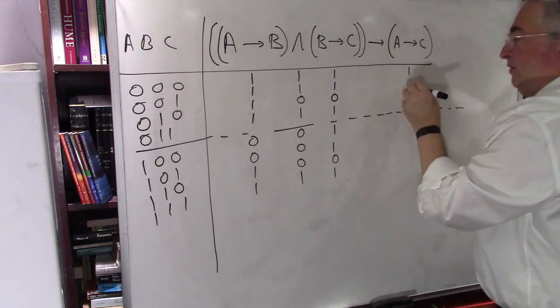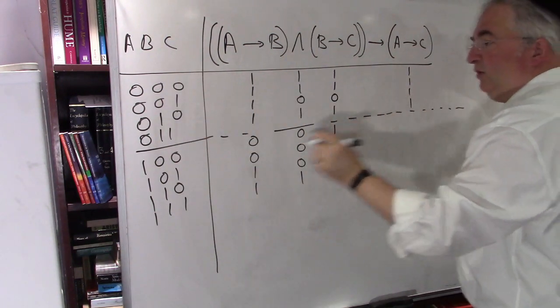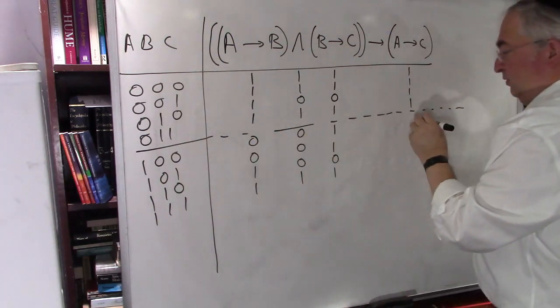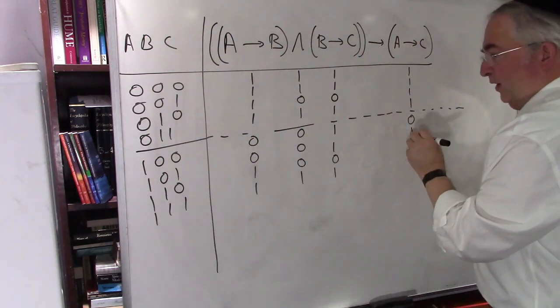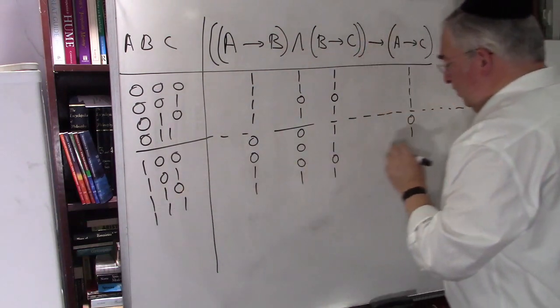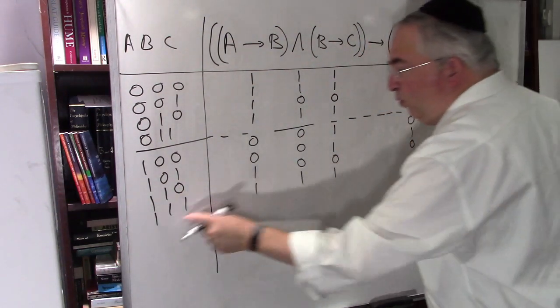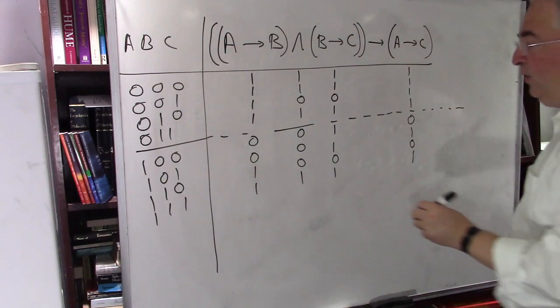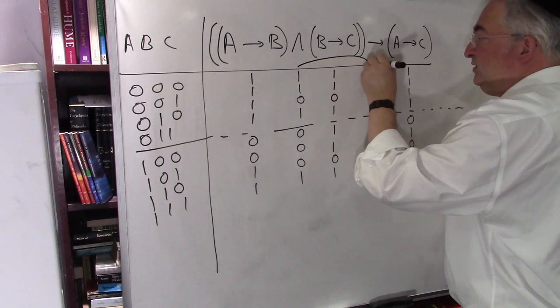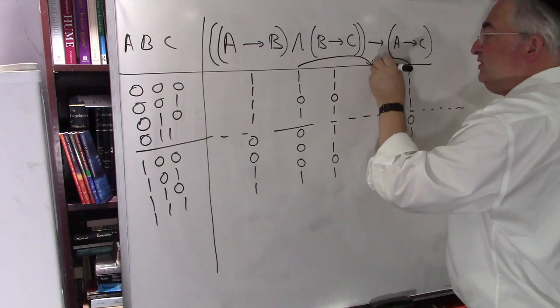A 0 arrow anything is 1. 1, 1. Good. 1 0 0. 1, 1, 1. 1, 0, 0. 1, 1, 1. Great.